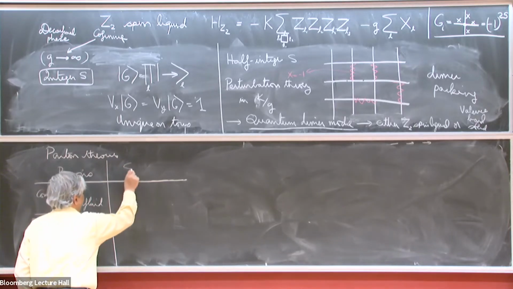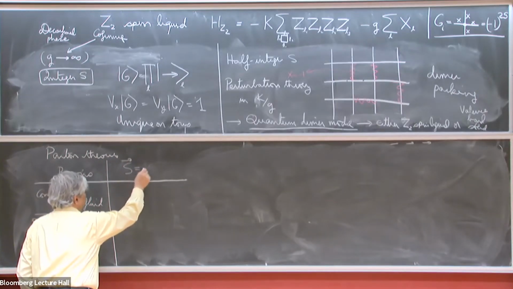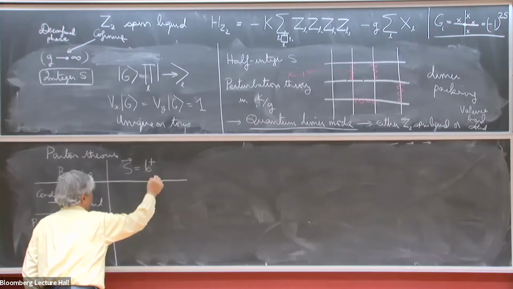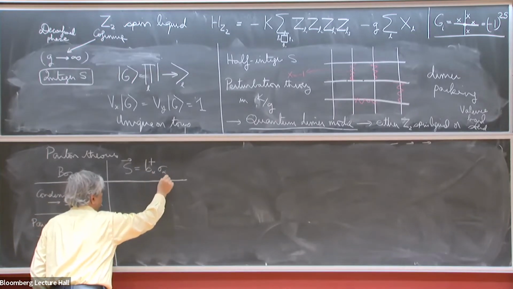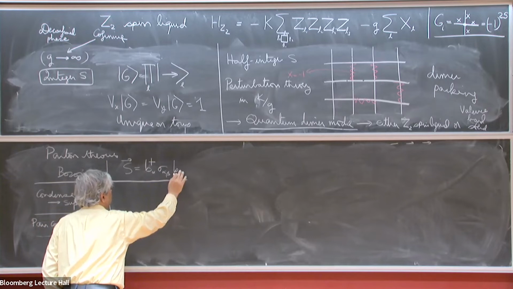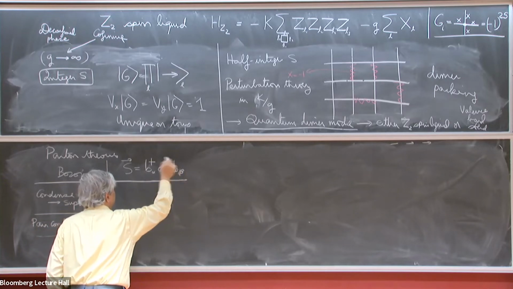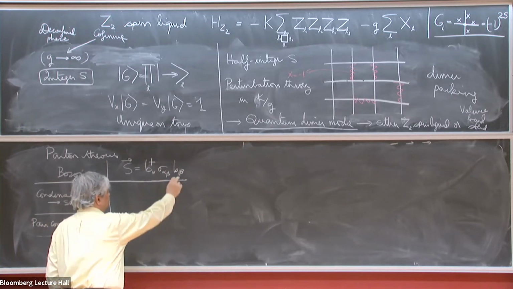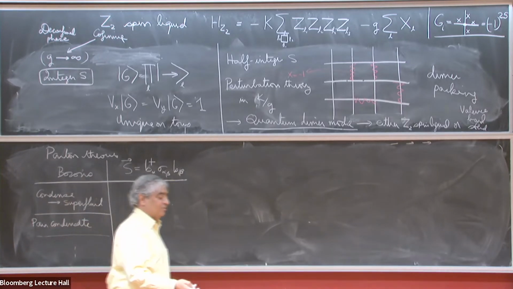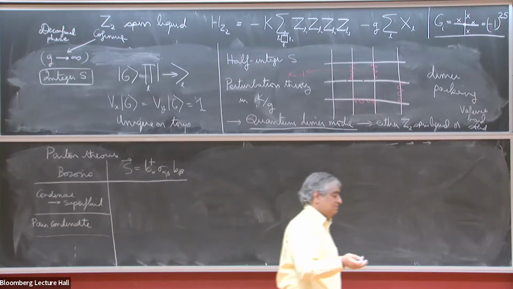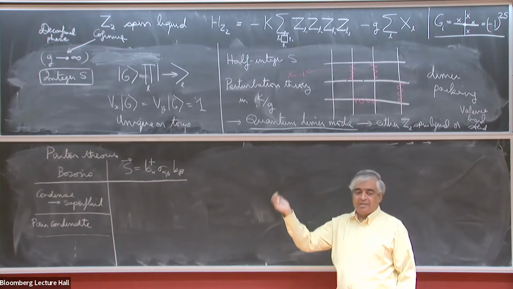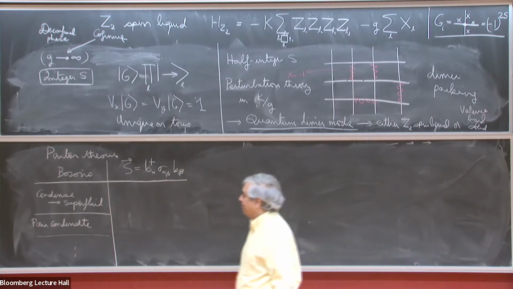But now let me look at bosons which are not just ordinary bosons, but which are partons of a spin. When this happens, the bosons, in addition to being a boson, also carry a gauge charge. And in this kind of decomposition, they carry a U1 gauge charge.